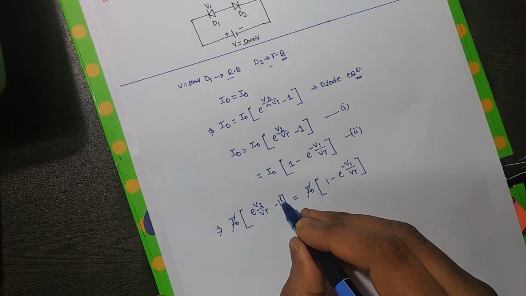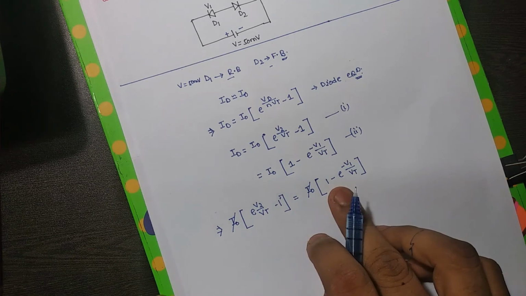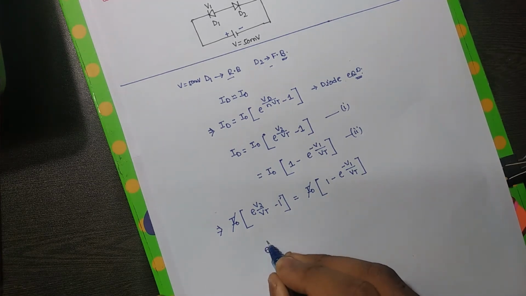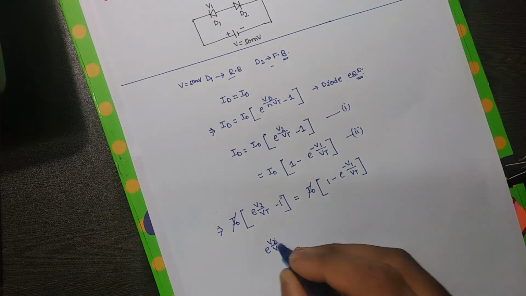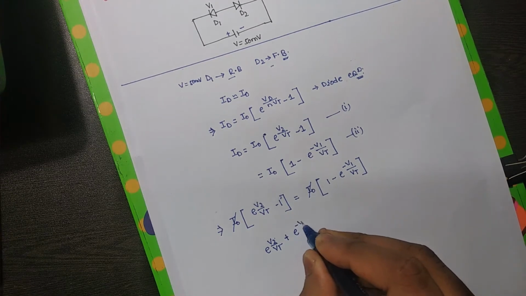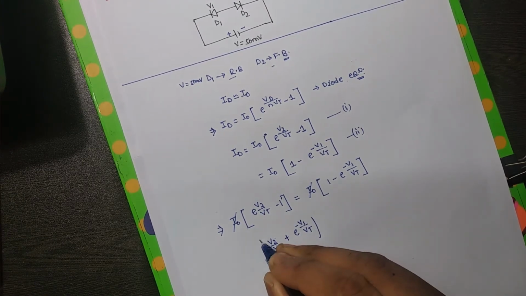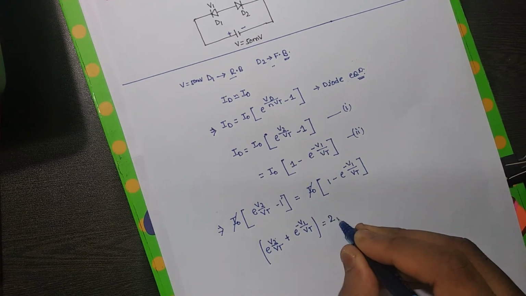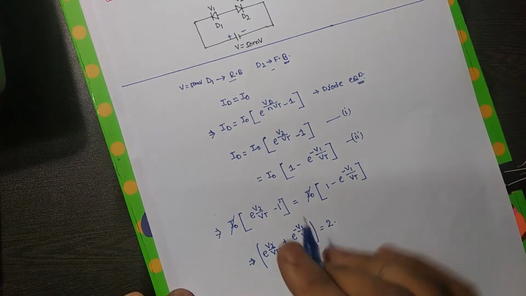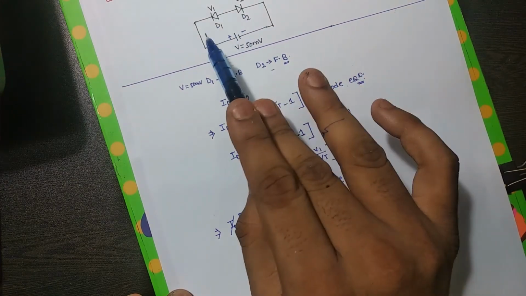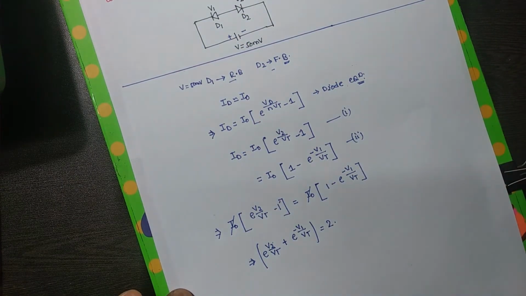This one will not cancel out because this will be in additive polarity, so you can write it as e to the power V2 by Vt. This we bring here, e to the power minus V1 by Vt, and this 1 we take to the other side, so it becomes 2. Now one more condition: we know that the cumulative sum of the voltages across both diodes is obviously 50 millivolts. So you can write V1 plus V2 is equal to 50 millivolts.